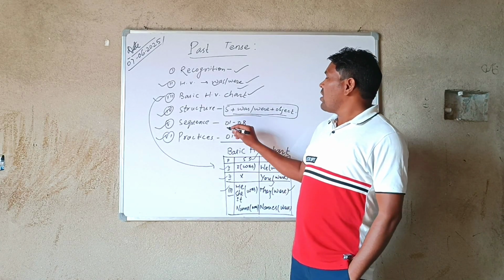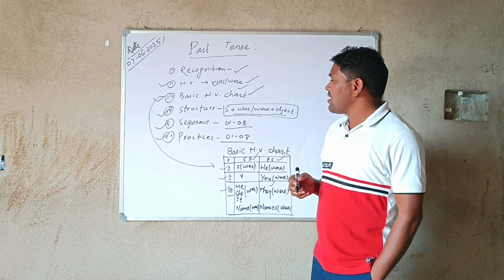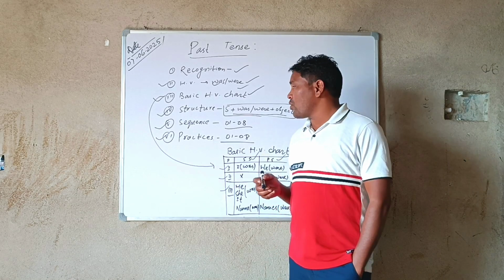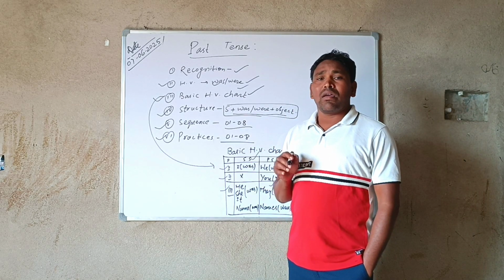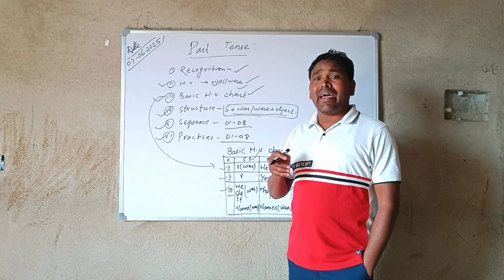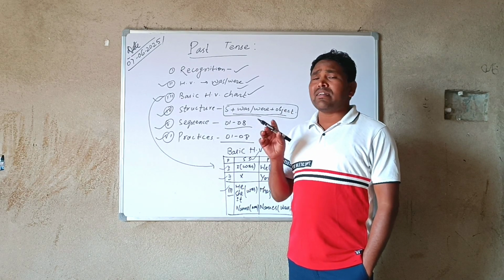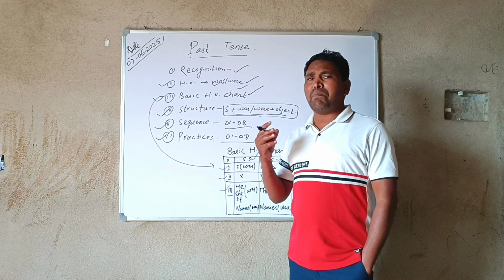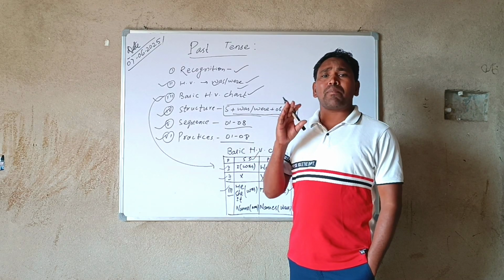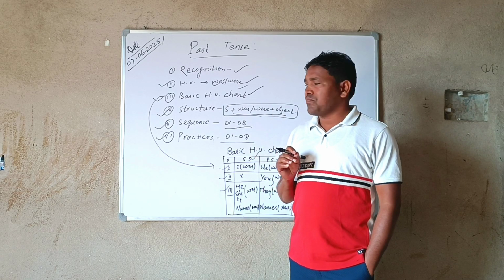So just listen, this is the sequence, and sequence is very important. If your sequence and your performances in sequence will be good or maybe better, maybe best, then your practices may be also best.